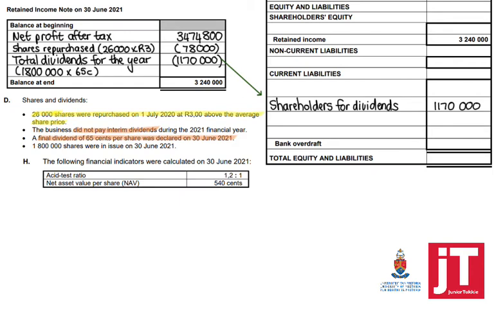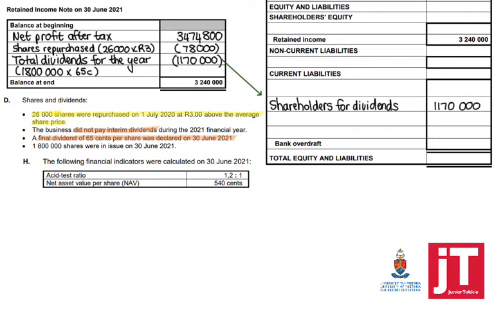If we now look at information H, the following financial indicators were calculated on 30 June 2021. They provided us with the asset test ratio and the net asset value per share. So if I look now at the equity and liability section, we've got the retained income which is given to us.